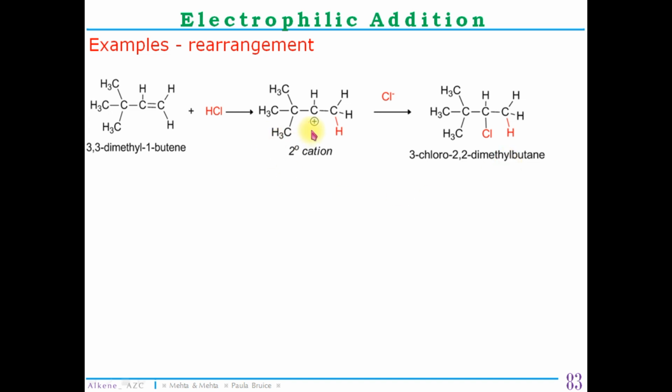Now what happened? As the carbon adjacent to this secondary carbocation is quaternary in nature, there is a chance of a 1,2-methyl shift.